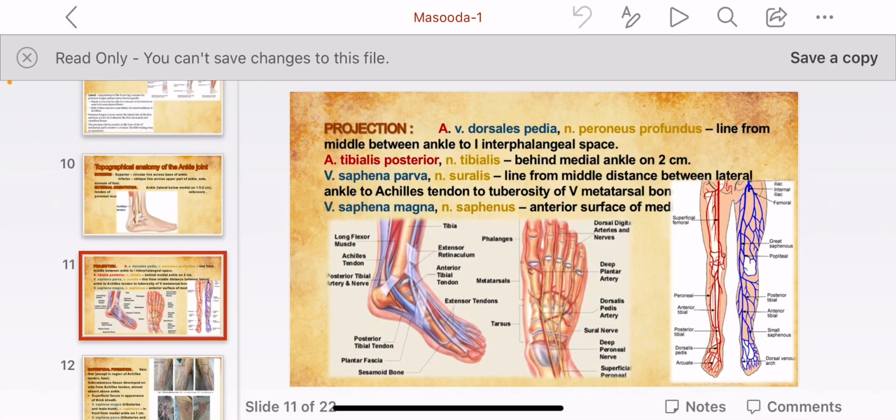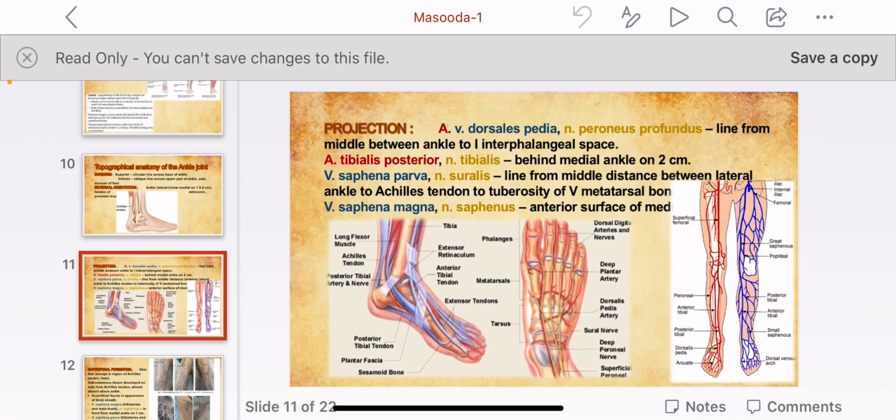Projection: we can see artery and vein dorsalis pedis, nervus peroneus profundus, line from medial between ankle to first interdigital space. Artery tibialis posterior, nervus tibialis behind medial ankle by 2 centimeters.